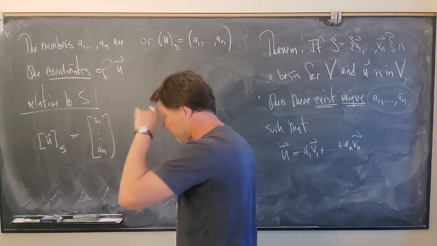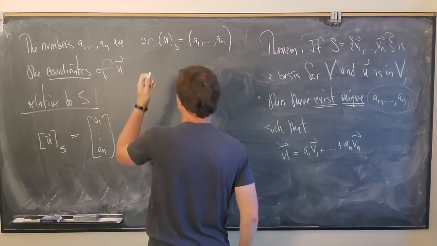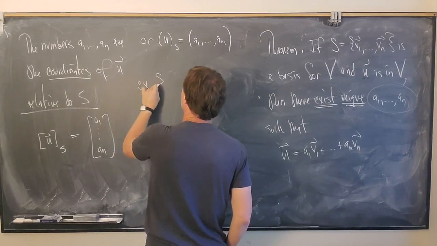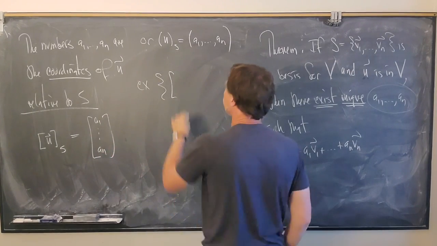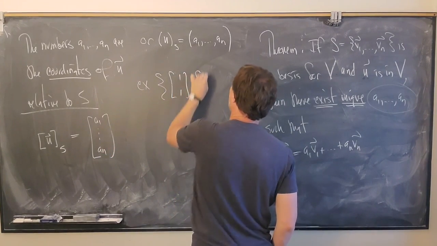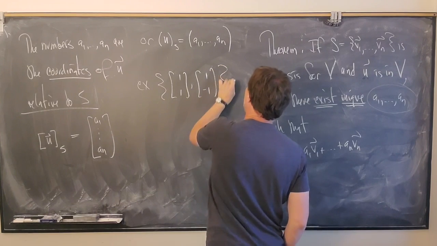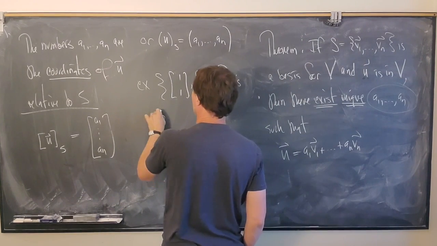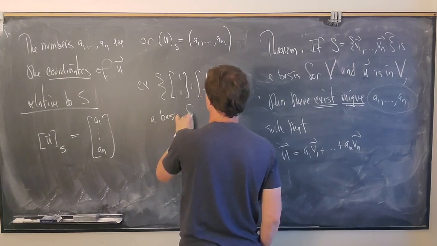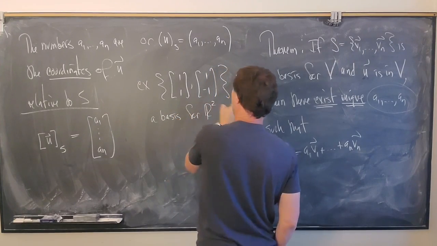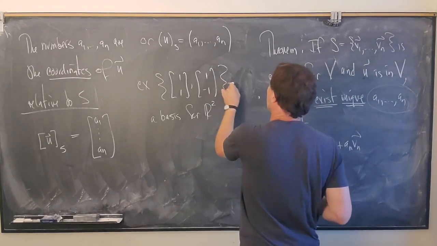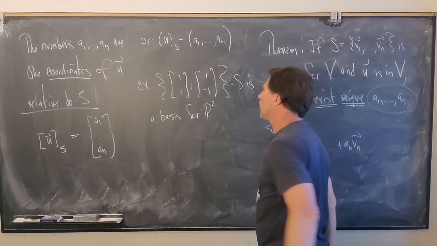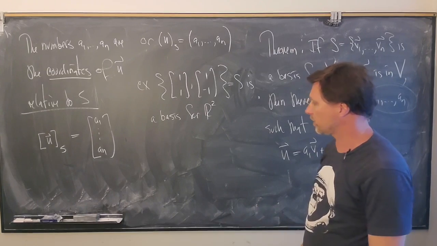So for example, this set right here, (1, 1) and (1, -1), this is a basis for R2. We don't need to check this, and let's call this S once again. You can just trust me that this is a basis.